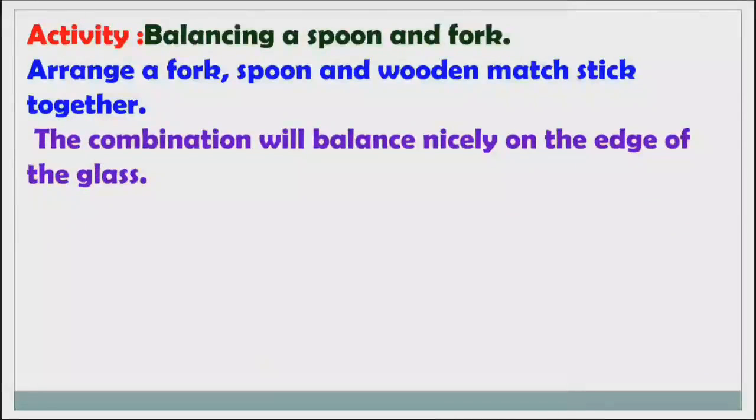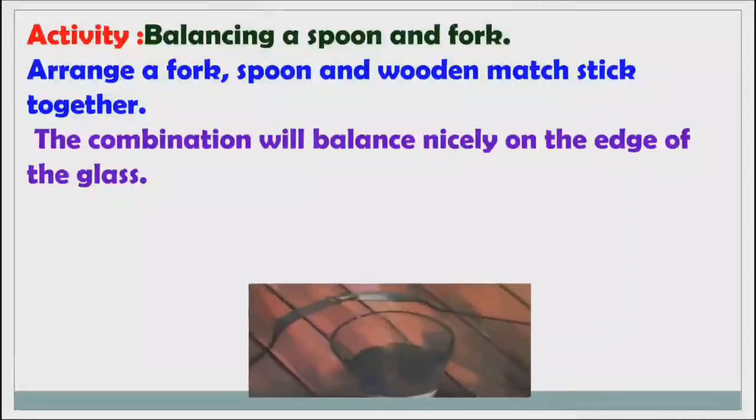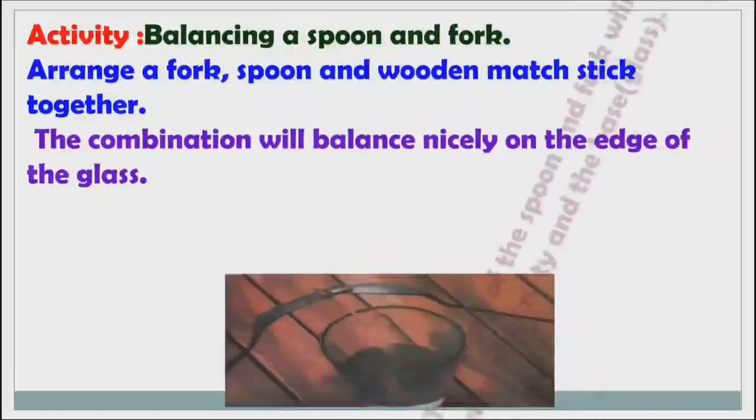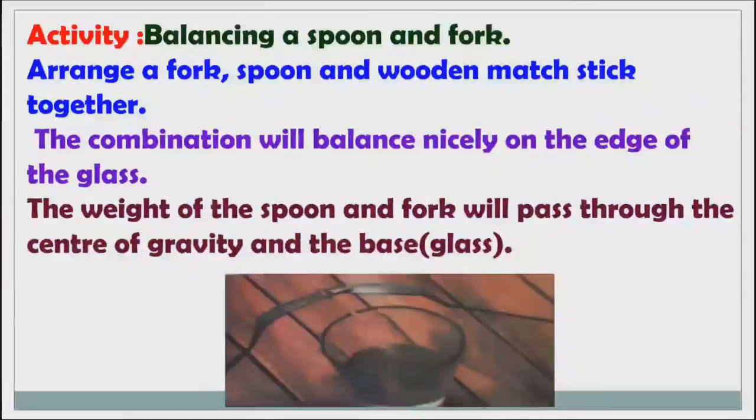The combination will balance nicely on the edge of the glass. What happened here? The weight of the spoon and fork will pass through the center of gravity and the base of the glass. So, it is nicely balanced on the edge of the glass.